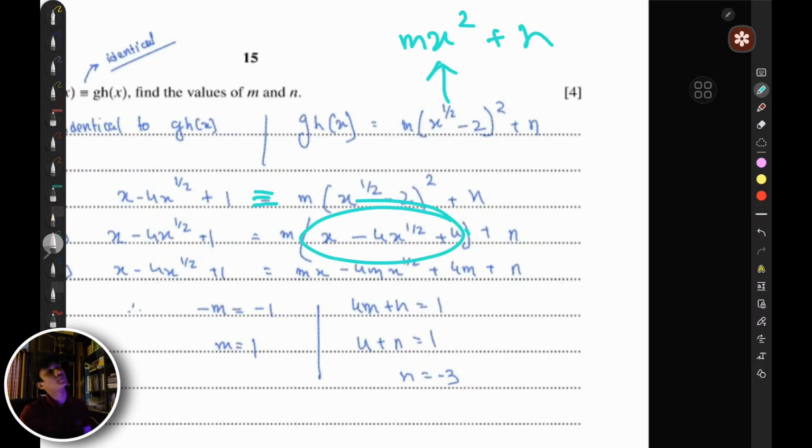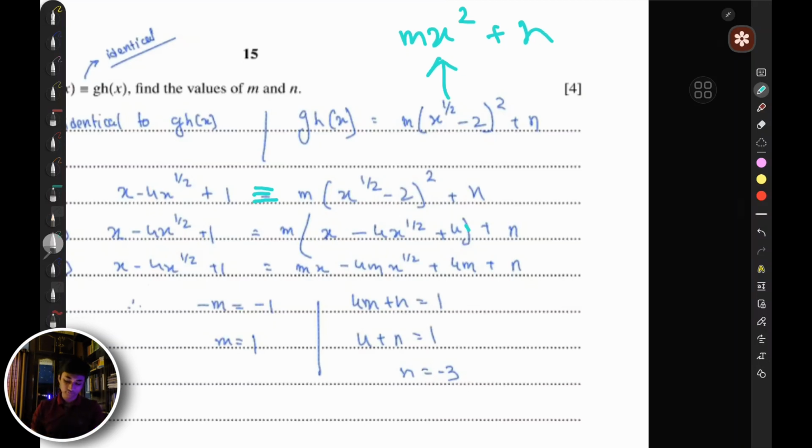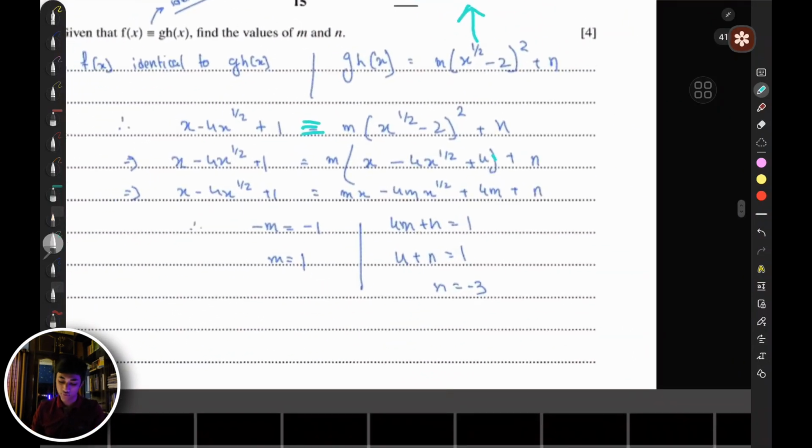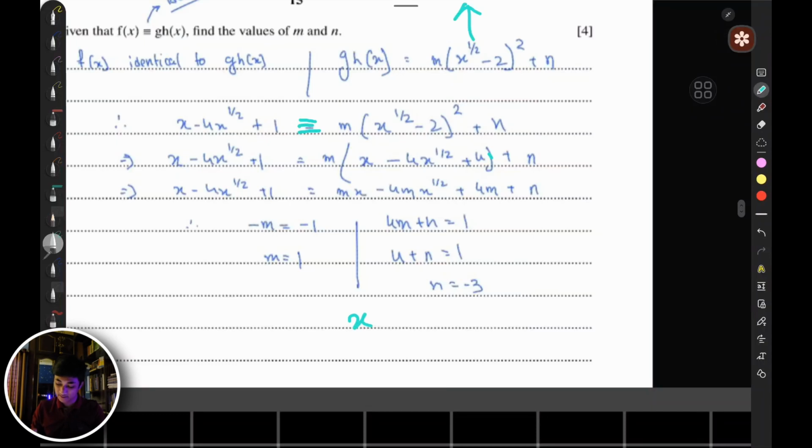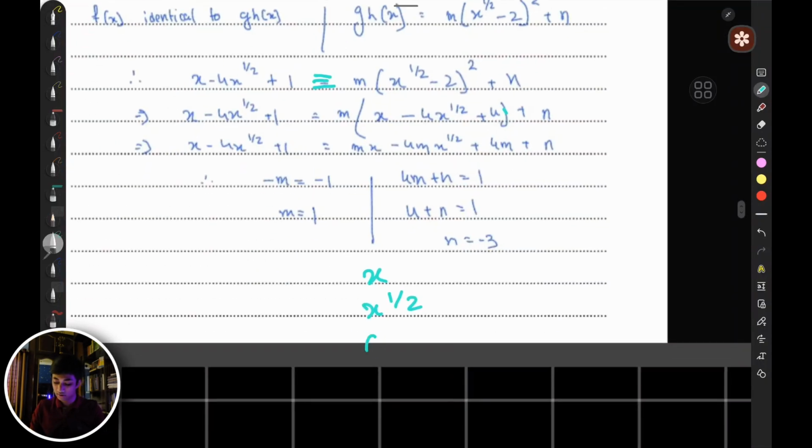Okay, so now you can open the bracket and you're going to have mx minus 4m x to the power half plus 4m plus n. So what you're going to do next is equate the coefficient for x, equate the coefficient for x to the power half and equate the constant.